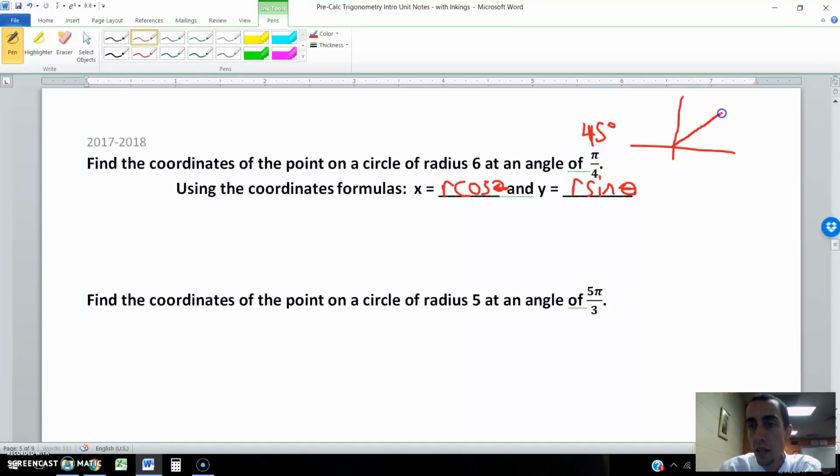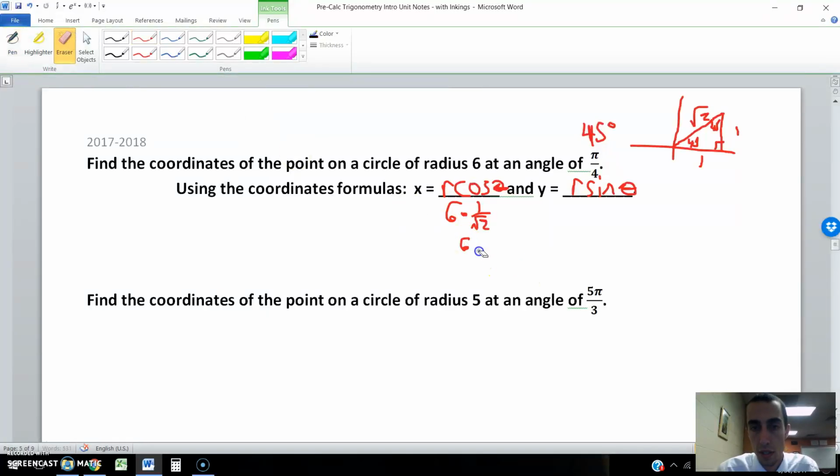45 degrees is located here. Make that reference triangle. This is a 45, 45, 90. The side lengths are 1, 1, and root 2. So the cosine would be x over r, 1 over root 2. Now we need to multiply that by r, which it tells us in this problem is 6. So that's going to be 6 over root 2.